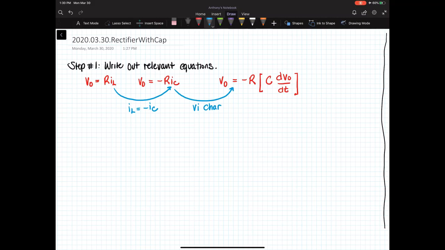Remember that VO is the voltage across the capacitor. So I'll say write out relevant equations and substitute, because that's what we did here.